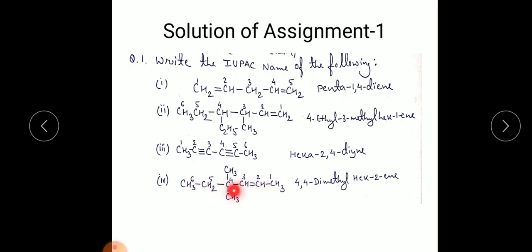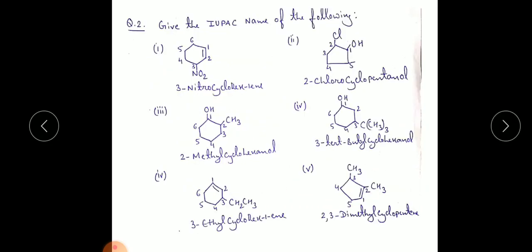At 4 we have 2 substituents, methyl and methyl, so we mention 4,4, and because of 2 methyls we write dimethyl. Then 6 carbon atoms, so hex, and the double bond is at position 2, so 2-ene. So that was question number 1.